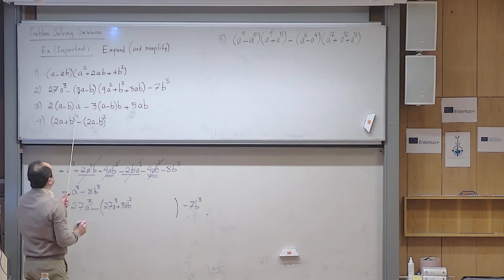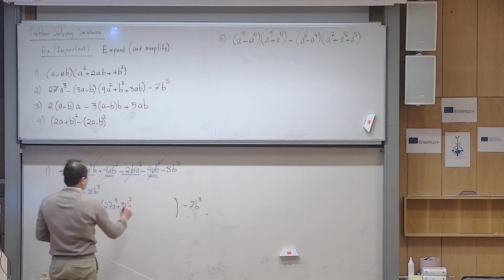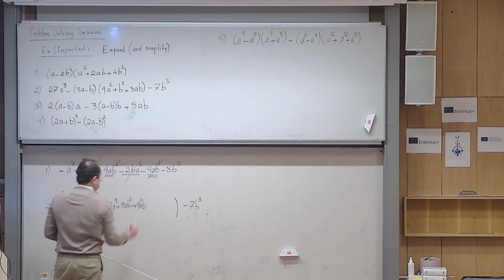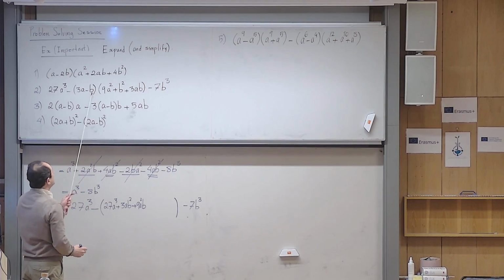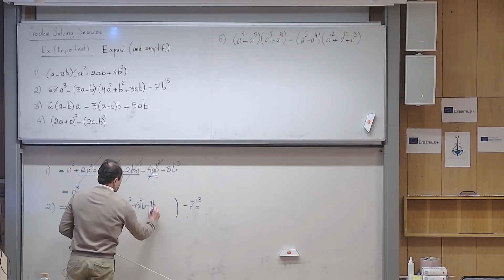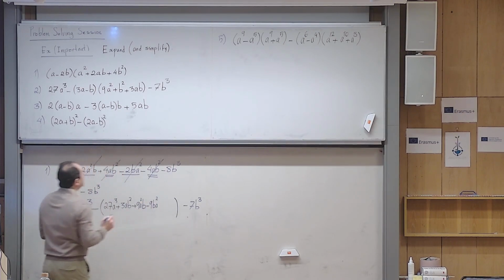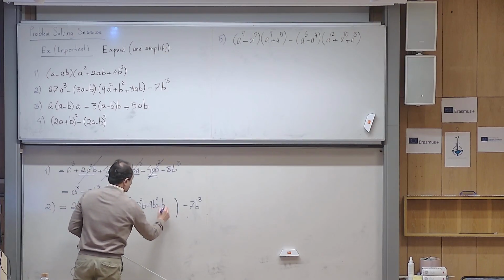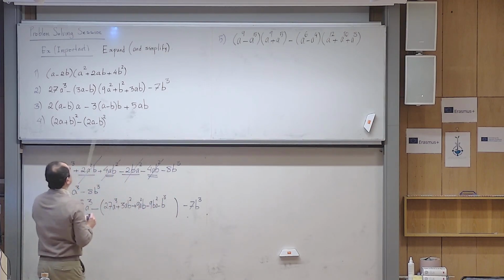And then this one times that one is 9a squared b, yes? And then I go to the next. Minus 9ba squared. And then minus b cubed. And finally, minus 3ab squared.